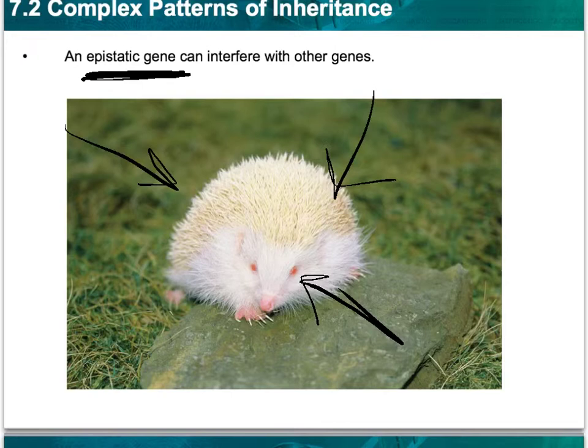A person with alleles for albinism may have very light hair, very light skin, and eyes, regardless of the other genes that he or she inherited. So the key thing to take away from this particular slide is that an epistatic gene can and does interfere with other genes, which can have an effect on the organism as a whole.